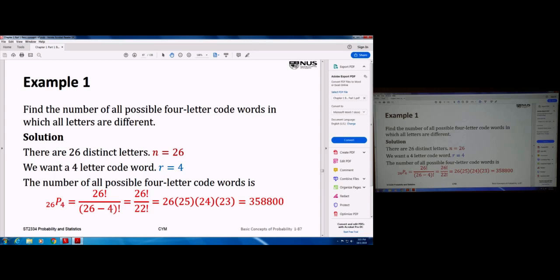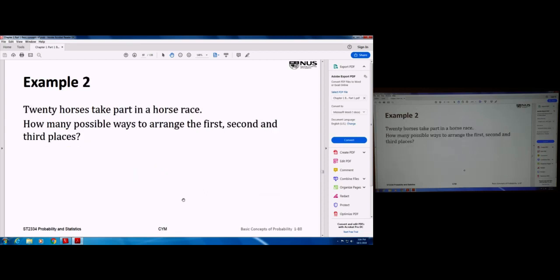So that's 26 factorial over 26 minus 4 factorial, which is 26 factorial over 22 factorial. Then you cancel, so it's 26 times 25 times 24 times 23. I'm a mathematician, so I would stop there. If you want, you can use your calculator and get 358,800. I'm actually happy with this, but of course, that's just me.